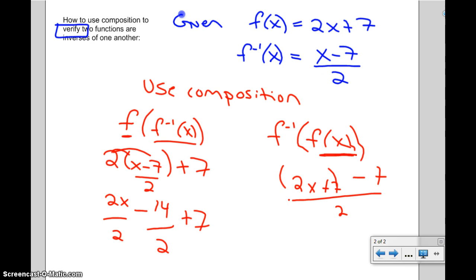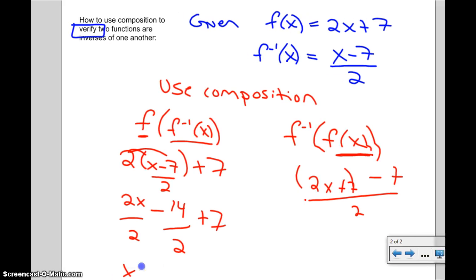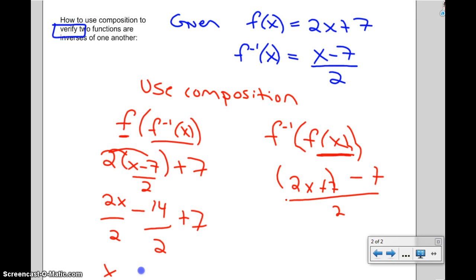If I simplify both of these, let's take a look over on the left-hand side again. 2x divided by 2 will just be x. 14 divided by 2 is 7. Therefore, negative 7 plus 7 is 0. And all I have left is just x. There's my final answer.